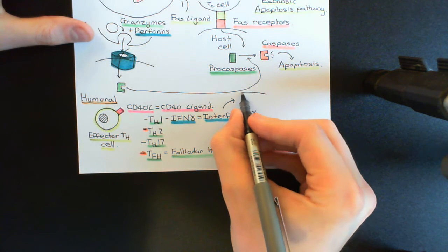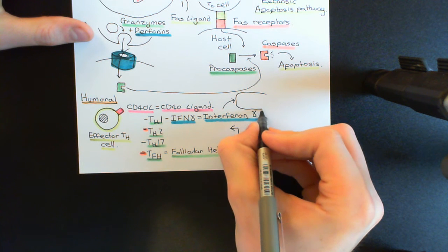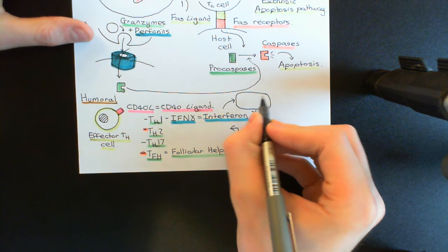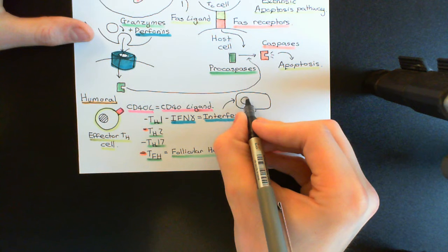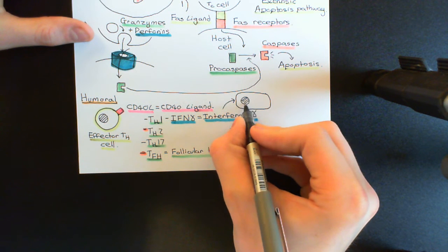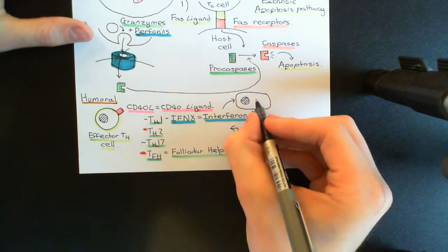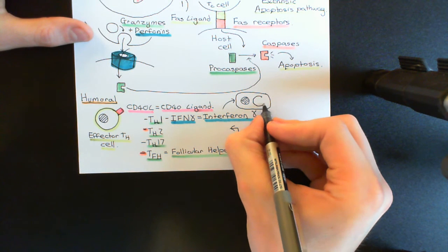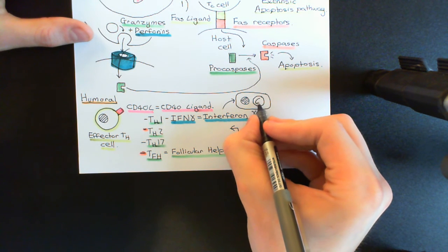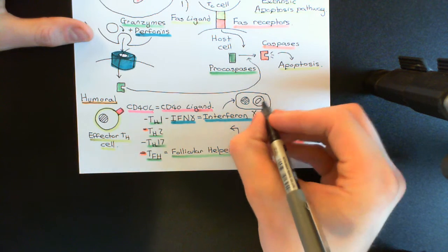T helper 1 cells tend to be produced when macrophages are having a problem with phagocytosing bacteria. There are certain bacterial species that are extremely resistant to phagocytosis. There's a very famous one, which is Mycobacterium tuberculosis.